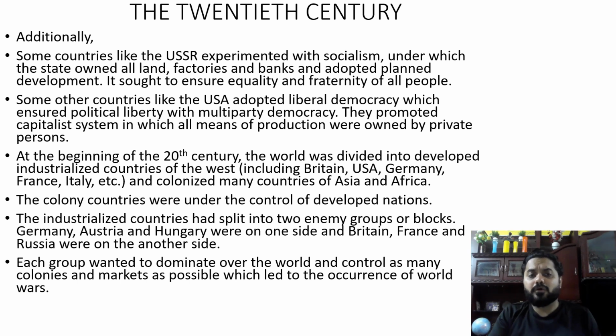So the main objective behind USSR adopting socialism was that it wanted to bring in equality and fraternity among the people. Fraternity means brotherhood. So they wanted to ensure that the citizens of the country were treated equally and they share the bond of brotherhood. So that was the reason why USSR was experimenting with socialism.